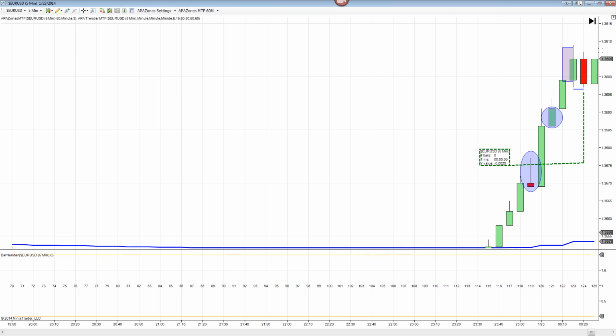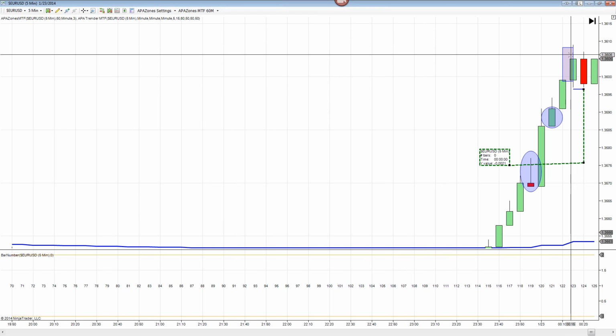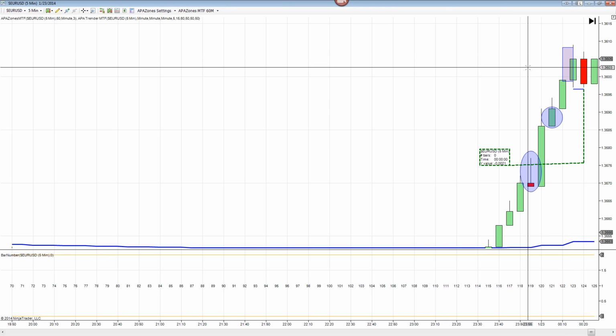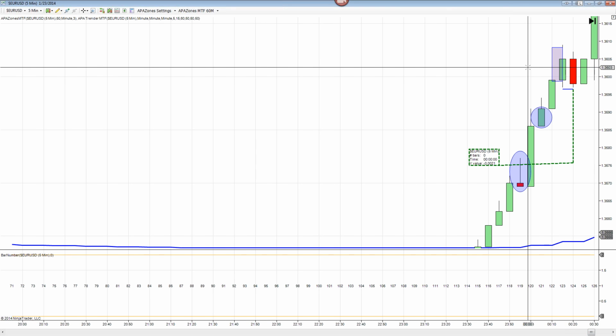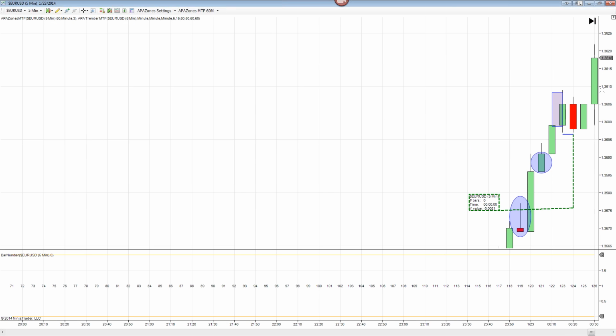All right. So obviously we did not break the low of these two candles down here. So there is no reason to be looking short as this candle forms here. So maybe it's just more consolidation to the upside, and lo and behold, we have a new green bar coming out of that area of consolidation.